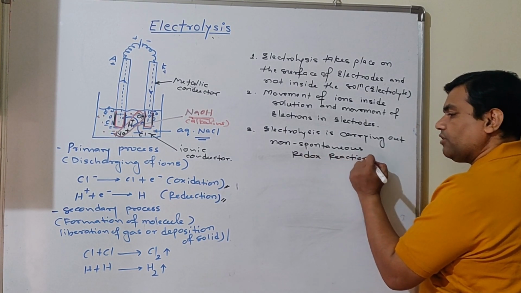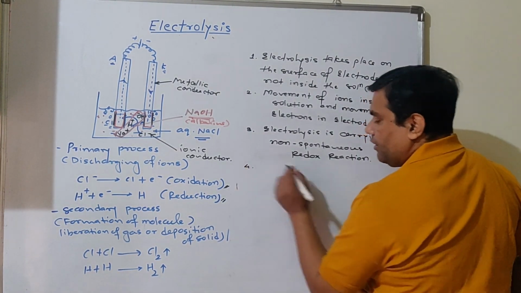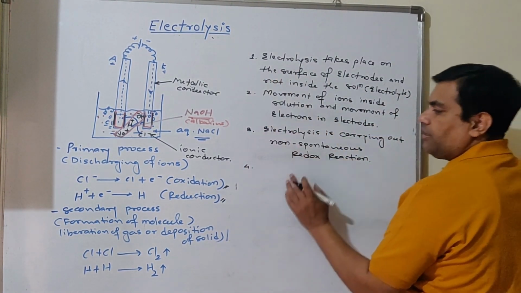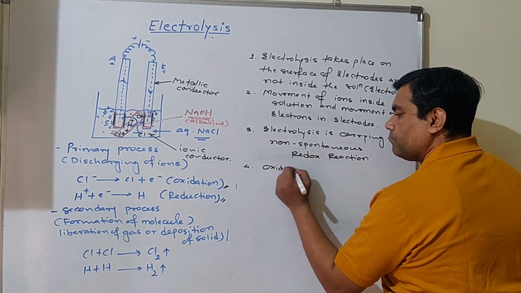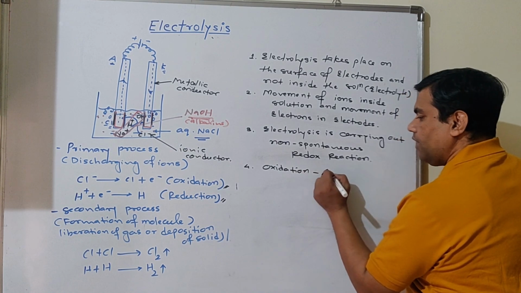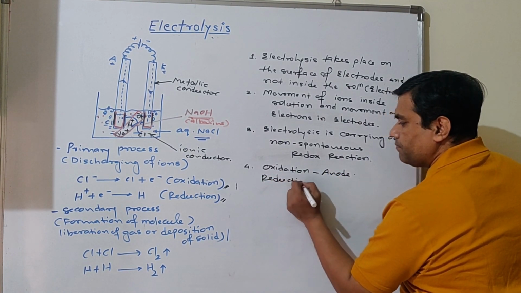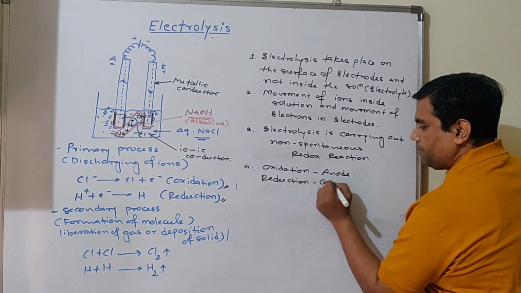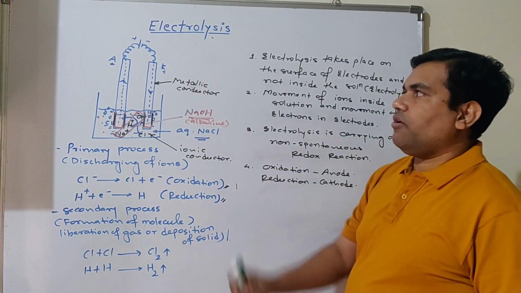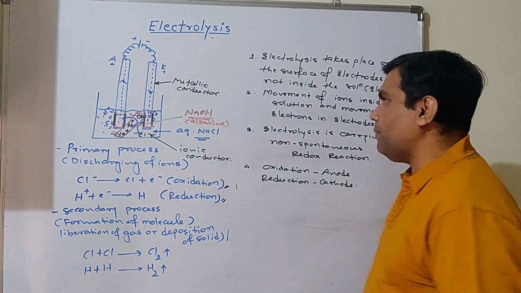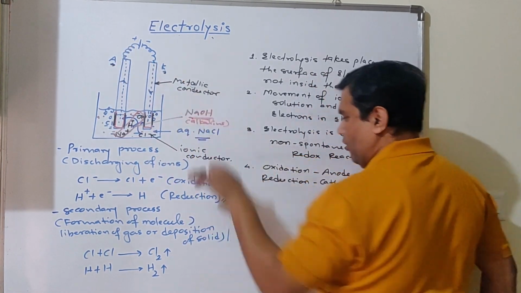Fourth one, the electrode on which the oxidation takes place is an anode, and reduction is cathode. The movement of the electron in the upward direction and the downward direction is already covered. This is an anode upward and cathode downward.